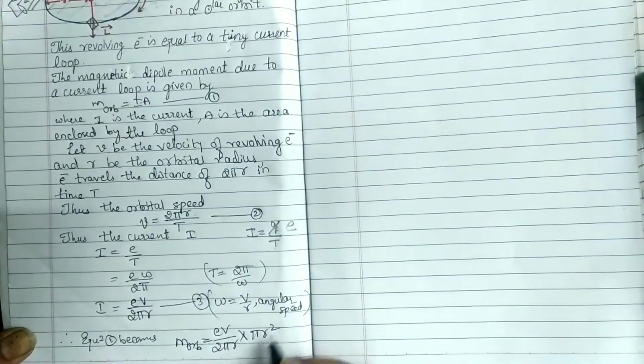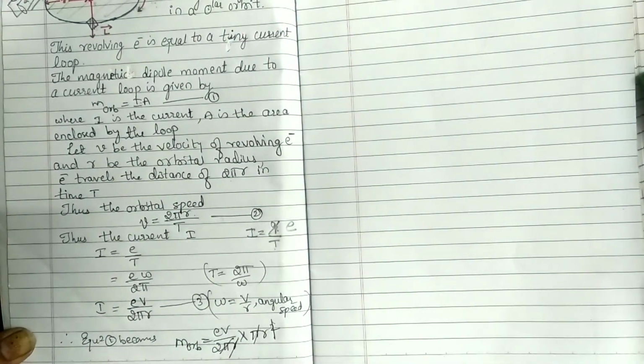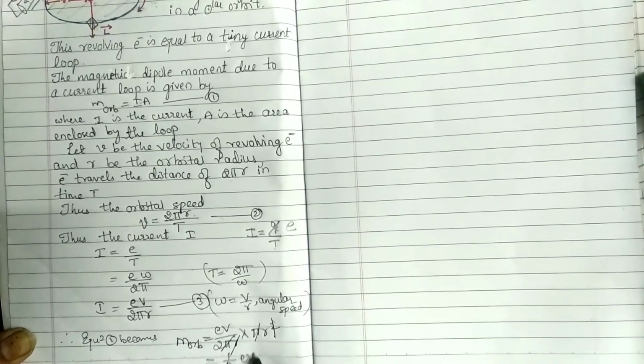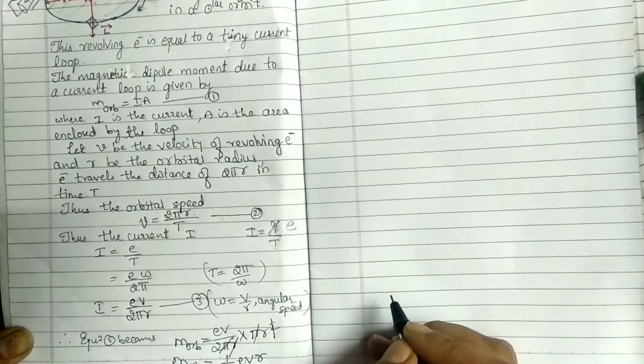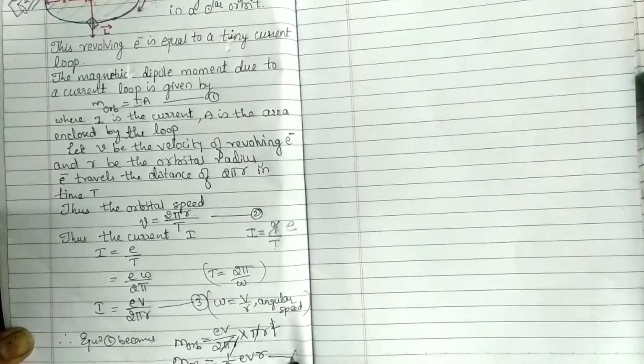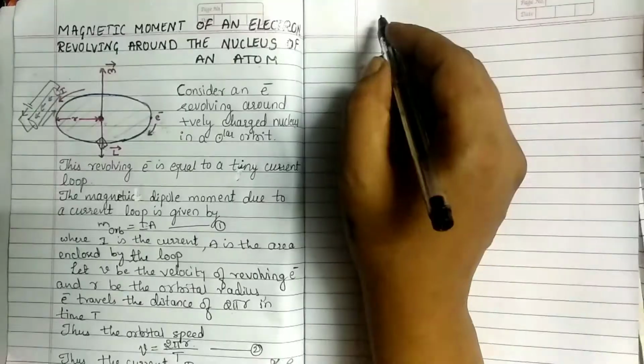A is the area enclosed by this loop. So the area of a circle is pi r square. So r gets cancelled, pi gets cancelled. So you are left with half evr. This is the expression for orbital magnetic dipole moment. So call it as equation 4 over here.